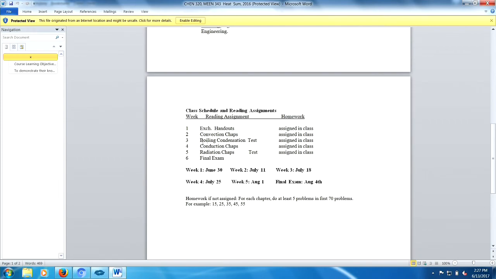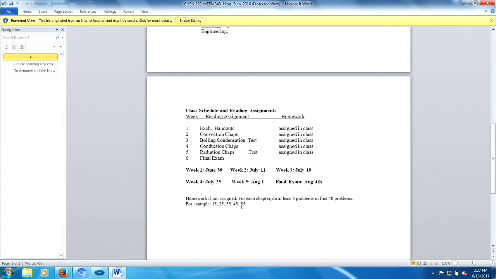And then maybe we'll go into boiling and condensation. Actually, not maybe. We'll probably go into convection first, boiling and condensation, conduction, radiation, and then the final exam. You can see that I have here the test in the second week, and the test is probably also in the 4th week. It's one back from these.